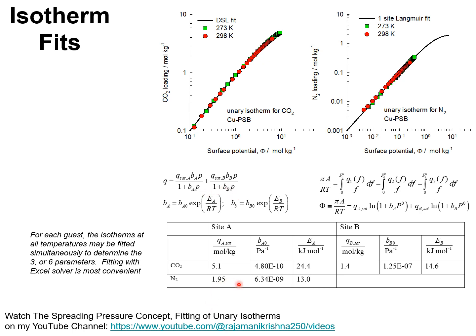The parameters are presented here in this table, and for each guest, the isotherms at all temperatures are fitted simultaneously with 3 parameters in the case of nitrogen, 6 parameters in the case of CO2. This fitting I do using the Excel solver.